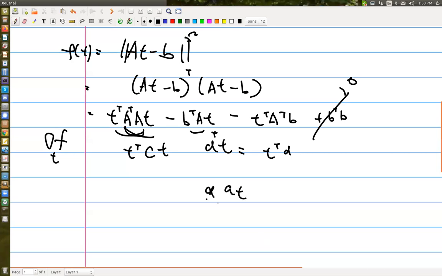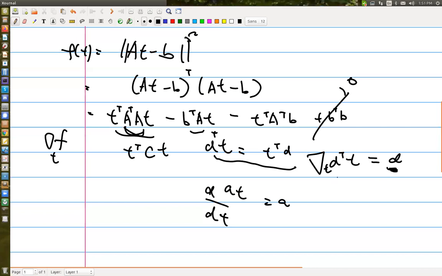The derivative of at with respect to t is just a. I'm not going to derive that here, but you will expect this: if I degenerate from the vector case to the scalar case, I get something like a. So the gradient of d transpose t with respect to t should be just equal to d. Note that d here is a vector.